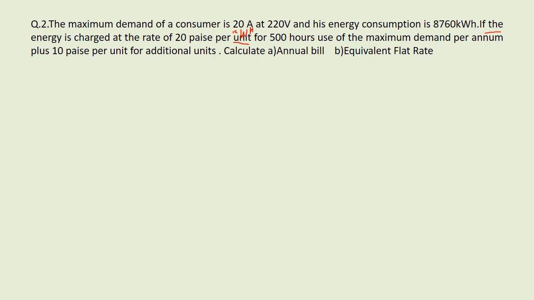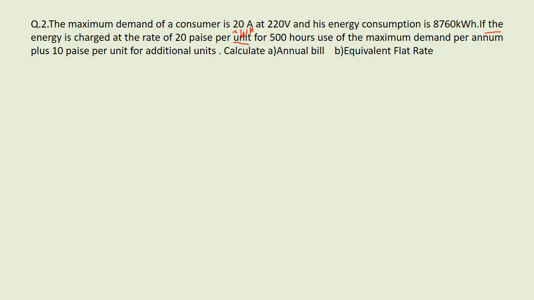If you look around at different problems, the tariff, the way of charging for electricity, is changed. In the previous problem, we were charging on two parameters, one in kilowatt and the other in kilowatt hour.